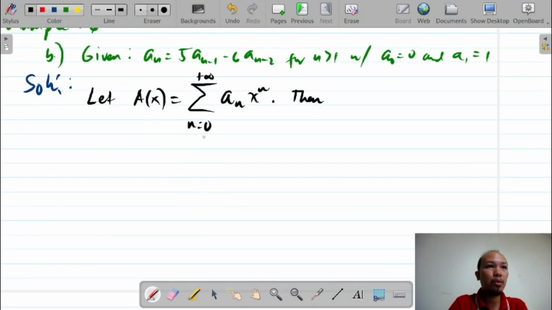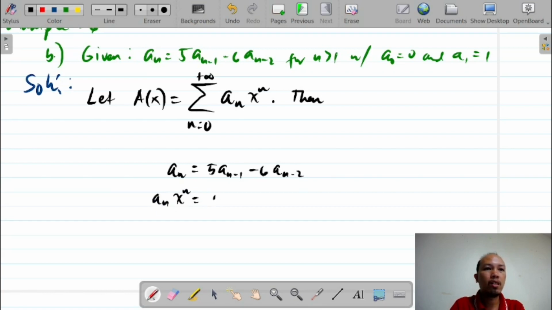I don't know if you notice the given here starts at a sub n, not a sub n plus 1. Okay, so I think this is much easier maybe. So let's copy a sub n is equal to 5 a sub n minus 1 minus 6 a sub n minus 2, and then multiply both sides by x to the n.